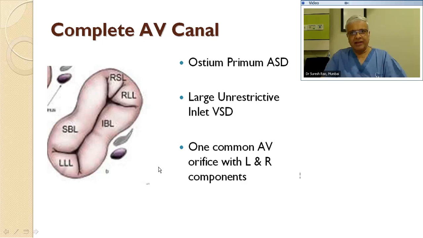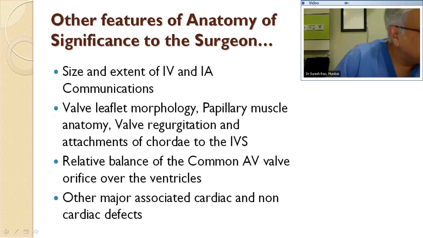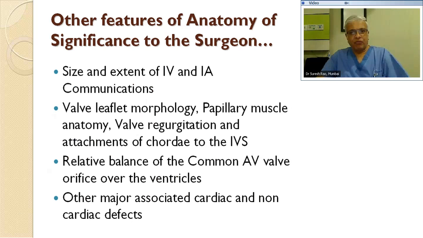The other features of anatomy of significance to a surgeon, and I think those of you who are cardiologists should see to it that you give this information in your echocardiography to your surgeon, are the size and extent of interventricular and interatrial communications, valve leaflet morphology, papillary muscle anatomy, valvular regurgitation, attachments of the chordae to the interventricular septum, relative balance of the common AV valve orifice over the ventricles, and other major associated cardiac and non-cardiac defects.